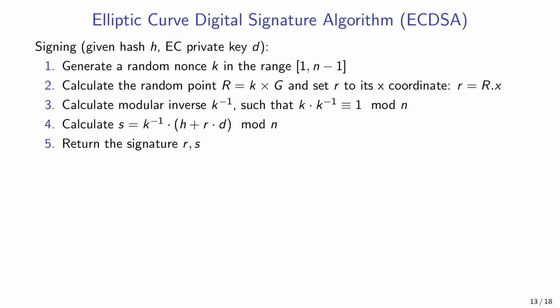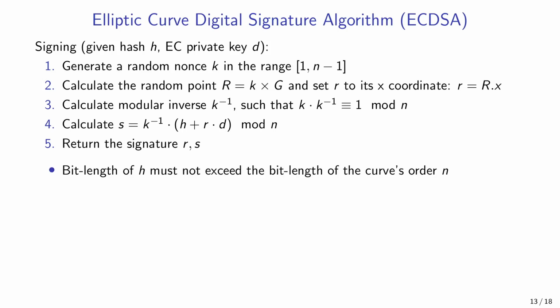The requirement is that the bit length of the hash value must not exceed the bit length of the curve's order n. So this means that it is useful to sign a hash value produced using a hash function whose output length is of the same length as the curve. So for a 256-bit curve, use SHA-256.